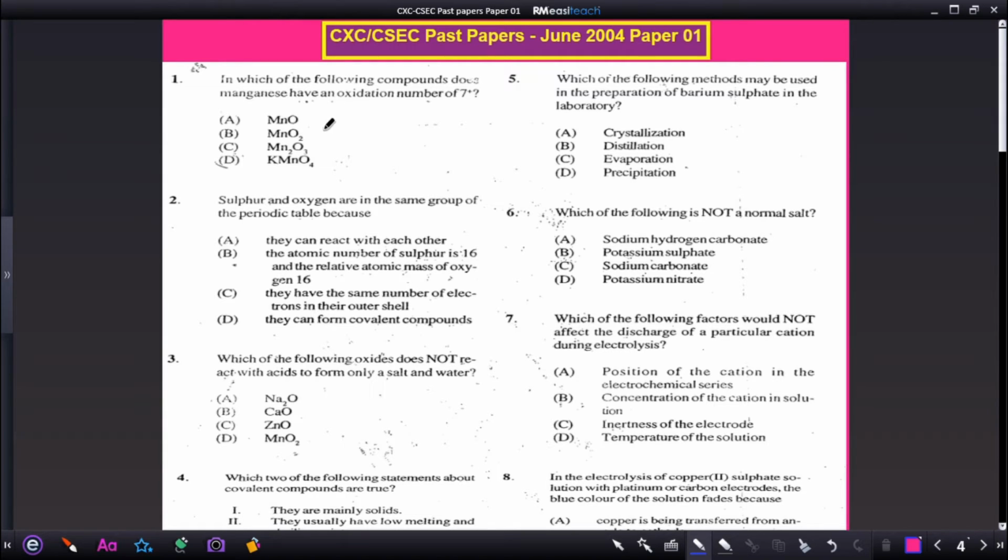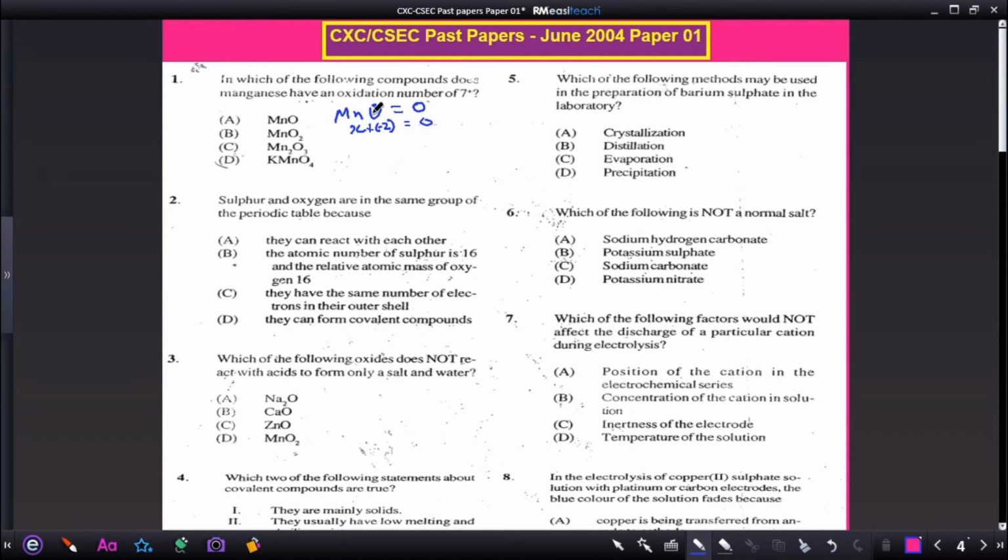Remember, when you are trying to work out the oxidation number, the unknown is given as X. And because it's a neutral compound, meaning that there are no charges on the compound, the overall charge will be 0. And that's X. Oxygen will always have an oxidation number of -2, so we'll put that in brackets, equals 0. Then we solve for X.